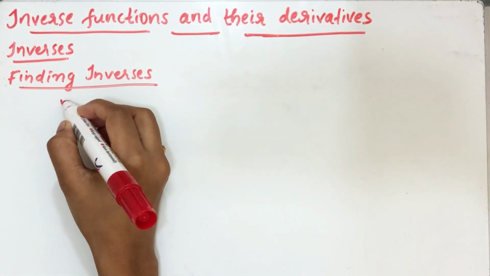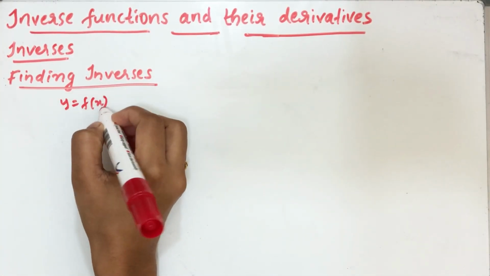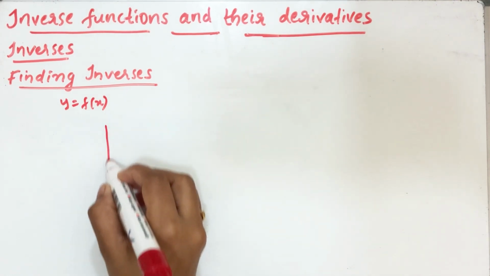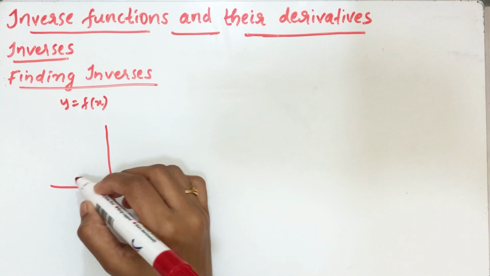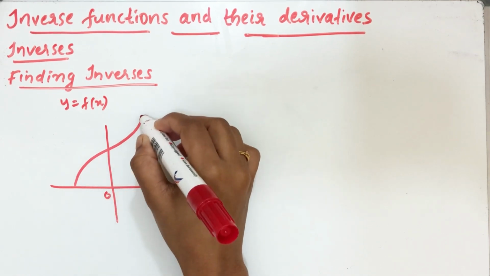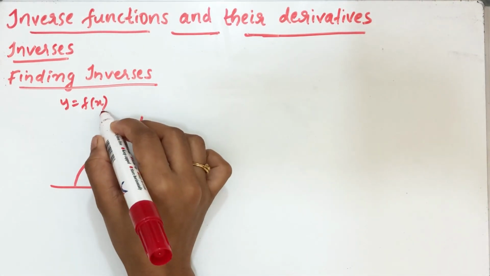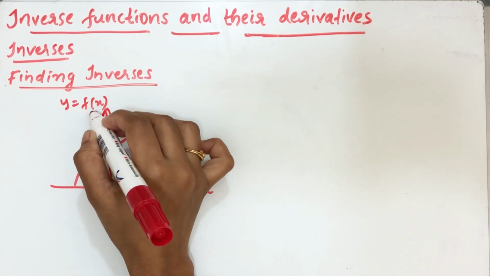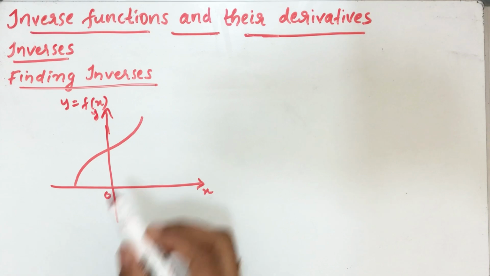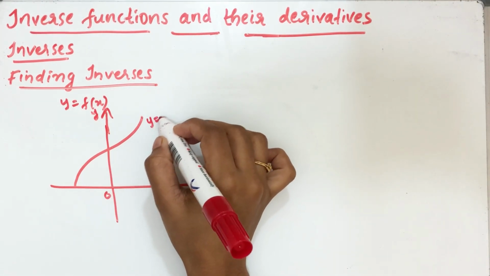Consider a function y equal to f of x. We can illustrate it in a graph. Let the function be this. This is the x-axis. This is the y-axis. This is y equal to f of x.